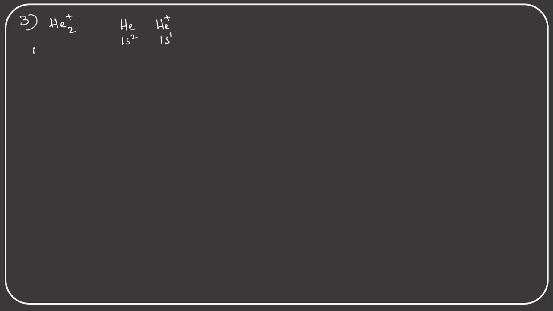Let us see now. The first point is the atomic number of each helium atom. What is the atomic number? That is 2, right? And the atomic number is the same for both, but here one is an atom and the other is an ion.